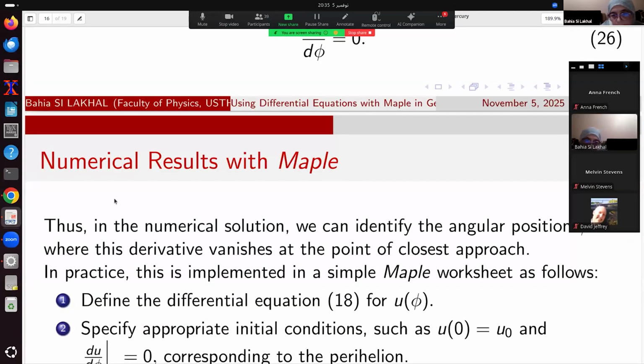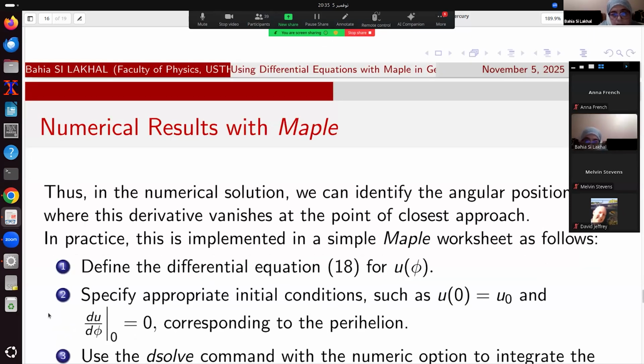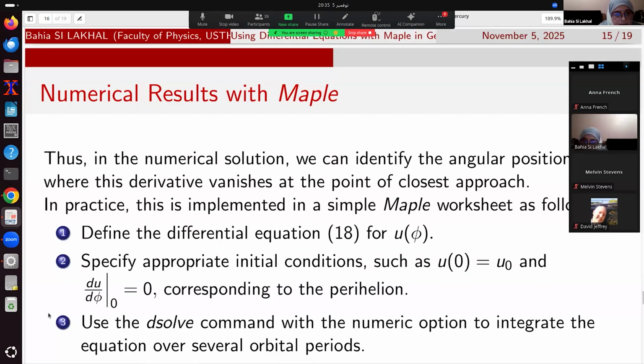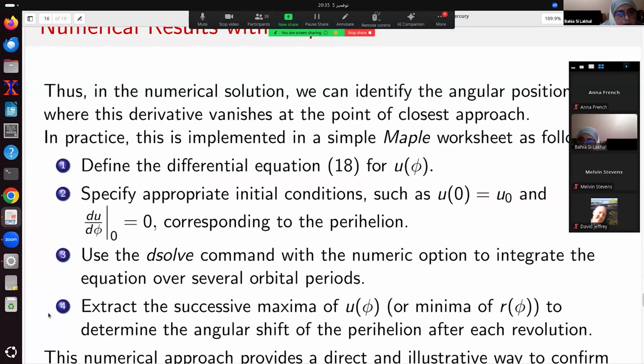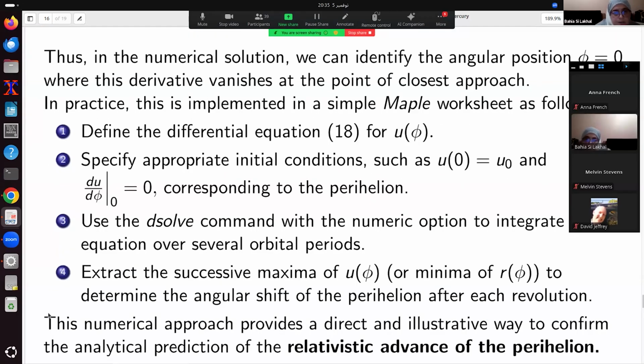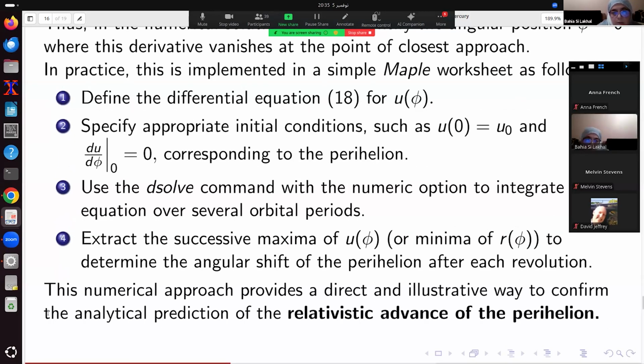In the simple Maple worksheet, I followed the following steps. I defined the differential equation 18 for u of phi. I specified the appropriate initial conditions, u of 0 equal u0 for Mercury, and du over d phi at phi equals 0 equals 0, which corresponds to the perihelion. Then I used the dsolve command with the numeric option to integrate the equation over several orbital periods.